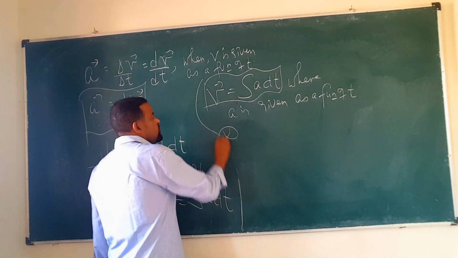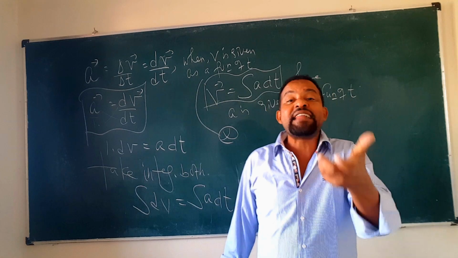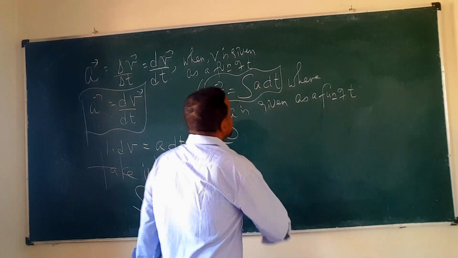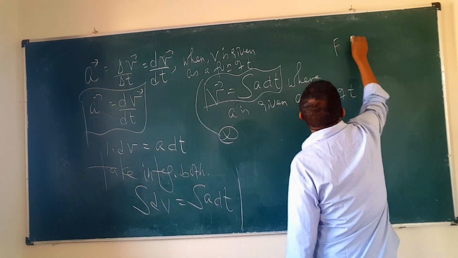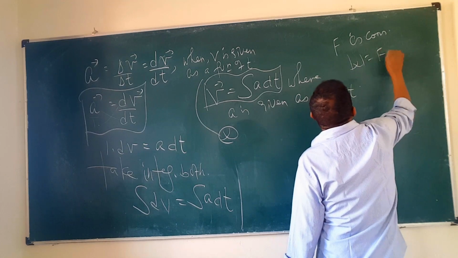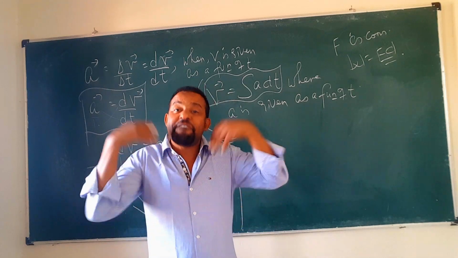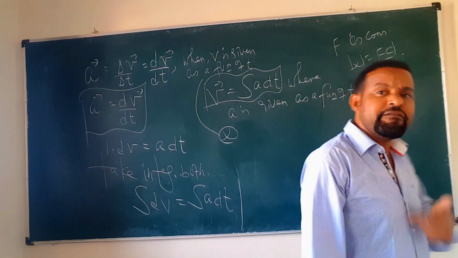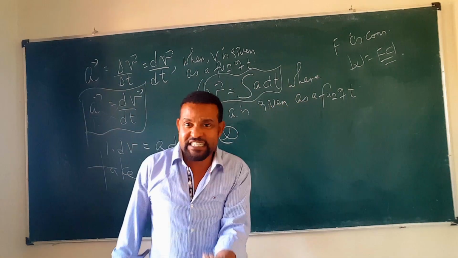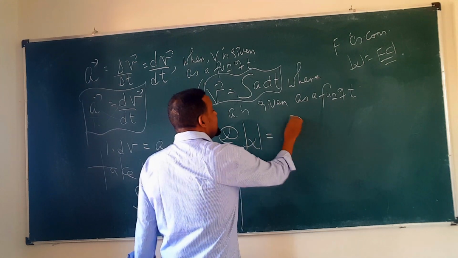Okay, so work done. You know that work done is equal to force times distance when that force is a constant force. But when the force is a variable force, that means when the force is given as a function of x, the displacement x, then work done is equal to the definite integral.